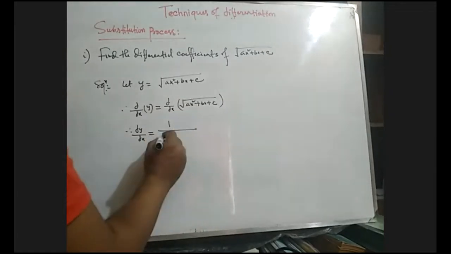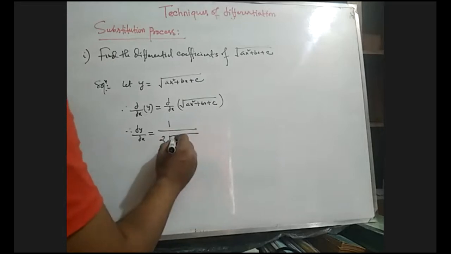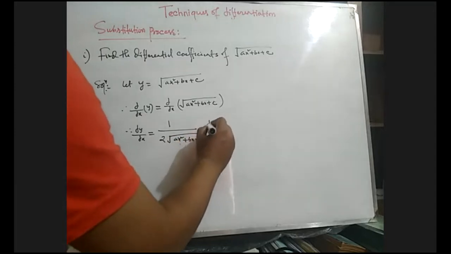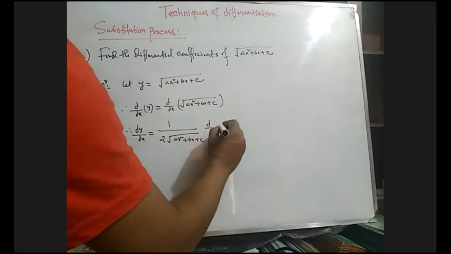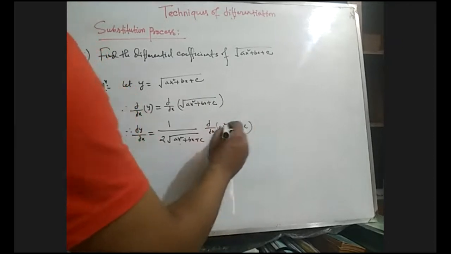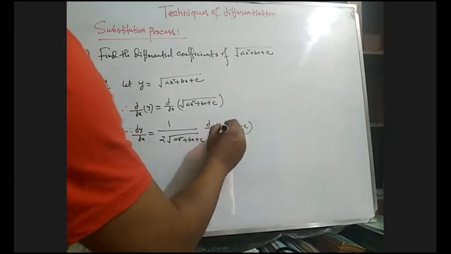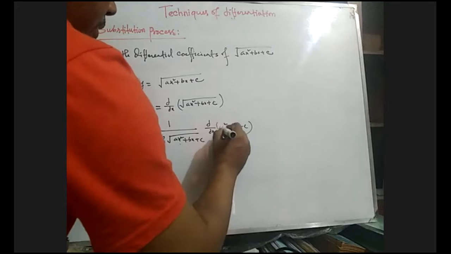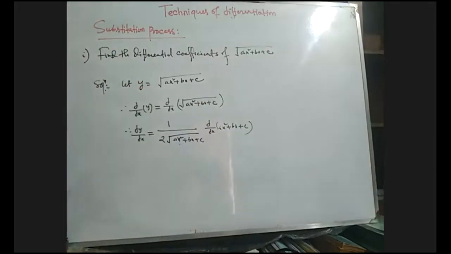Root over x formula what? 1 by 2 root over x. Then again you have to differentiate the function ax square plus bx plus c.